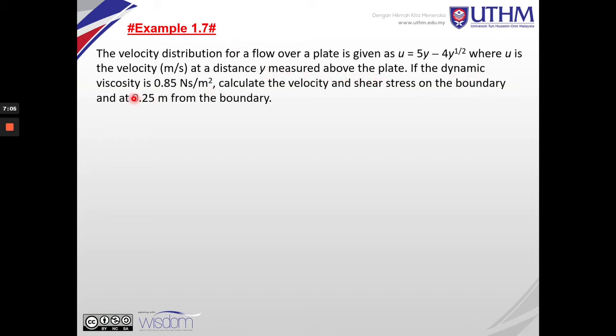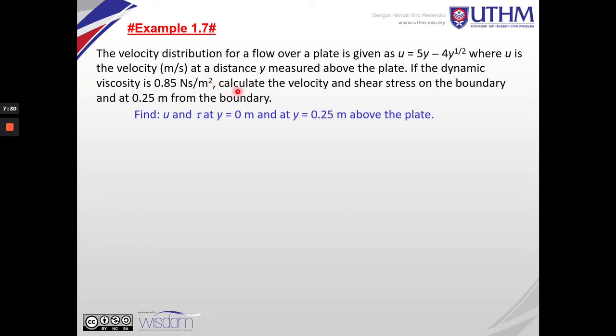If the dynamic viscosity is 0.85 Newton second per meter squared, calculate the velocity and shear stress on the boundary and at 2.25 meter from the boundary. Find u and shear stress at y equal to 0 and y equal to 2.25.